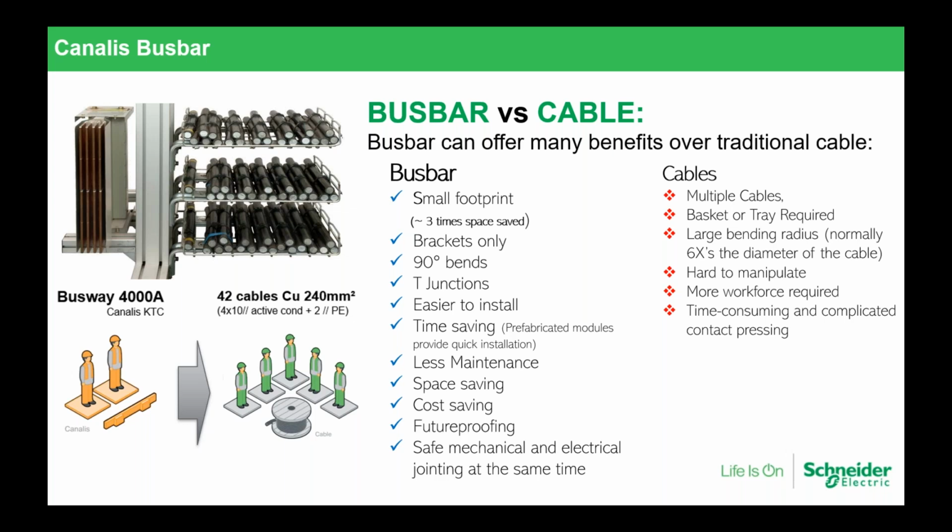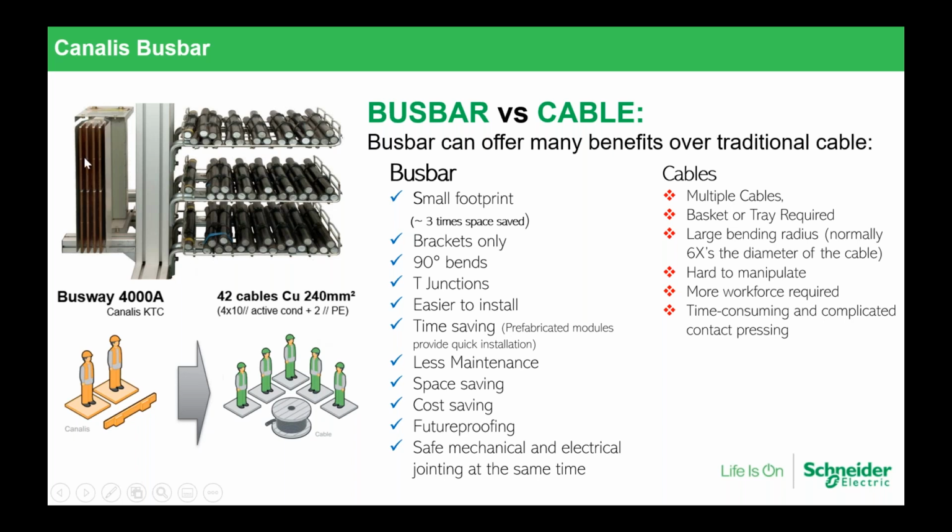For instance, if you have a project or an application that requires distributing 4,000 amps, and you are to use cables, you see on the right hand side the amount of cables that you need to use, the cable trays, the diameter of the cables, the people needed to manipulate them, and the space that these cables will fill in the building.